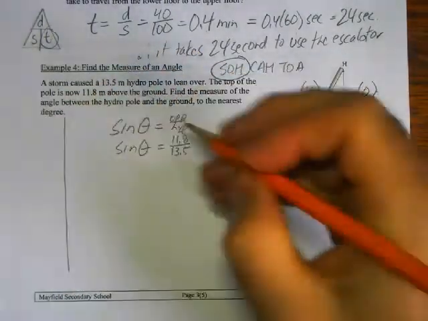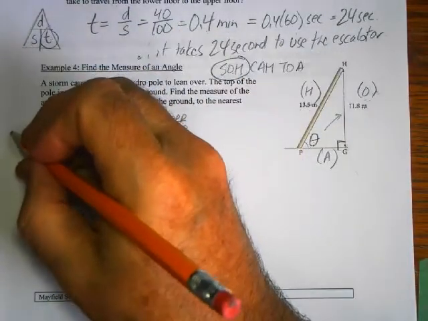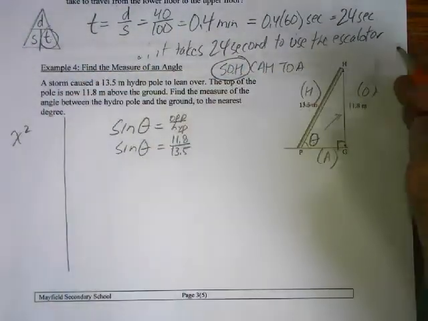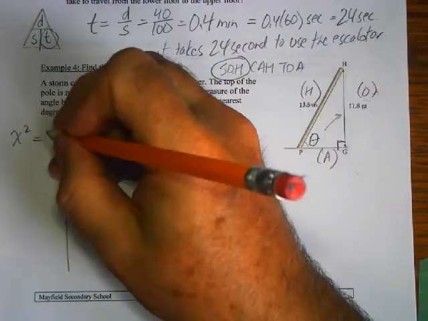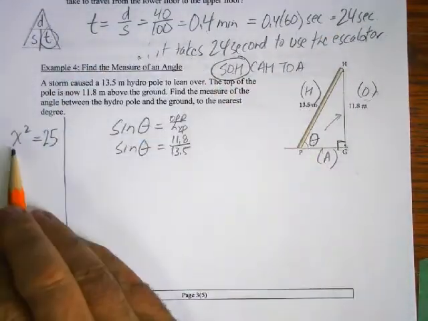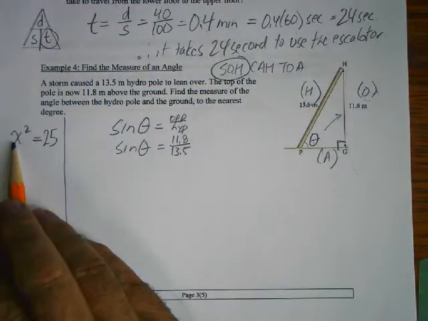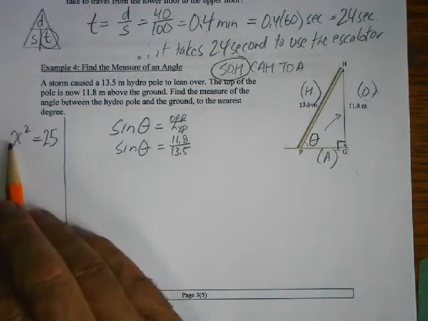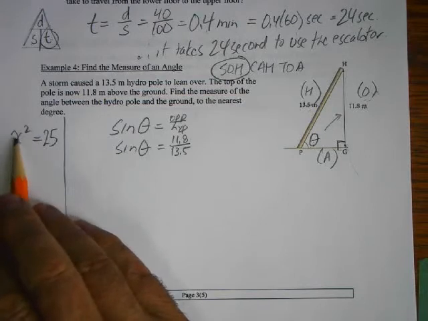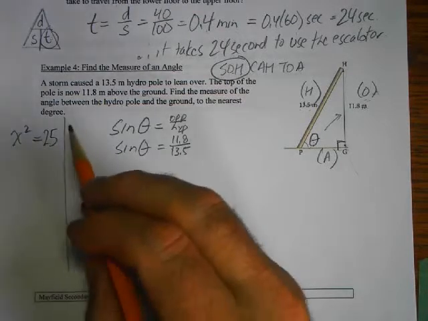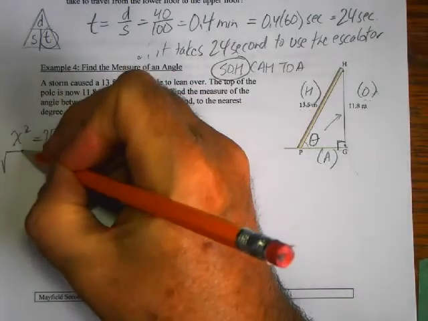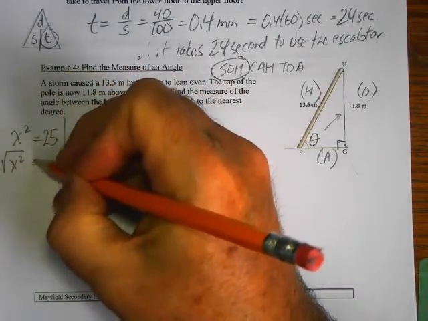You guys remember if you had something that said x squared equals, let's say, 25. If I want to solve for x, we have to do the opposite of what's going on here. Right now it's squaring, and the opposite of squaring is square rooting. So I can square root both sides.